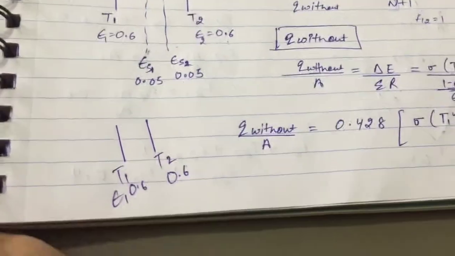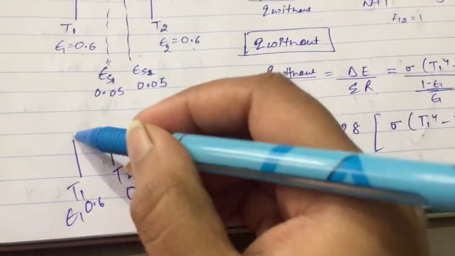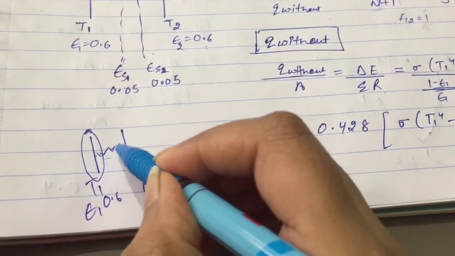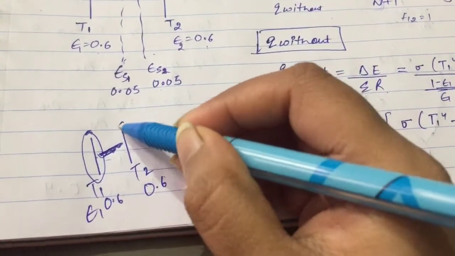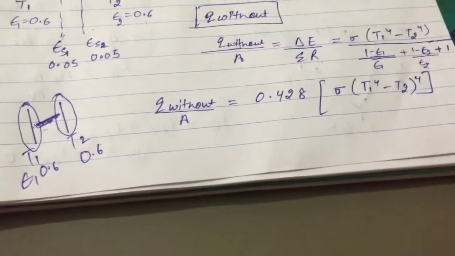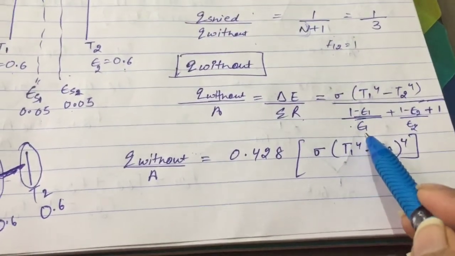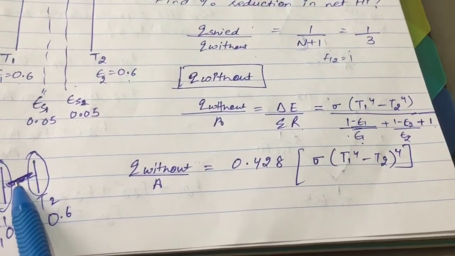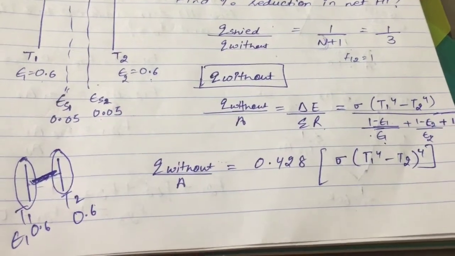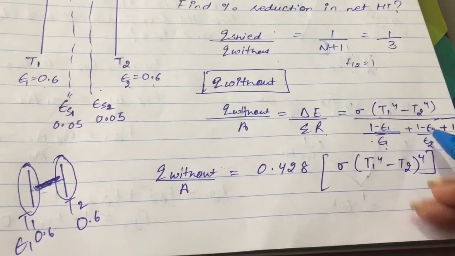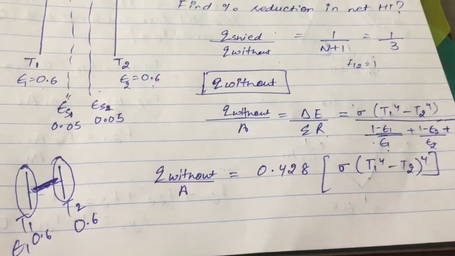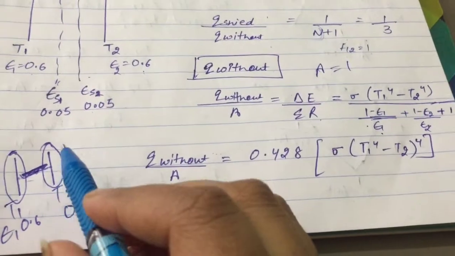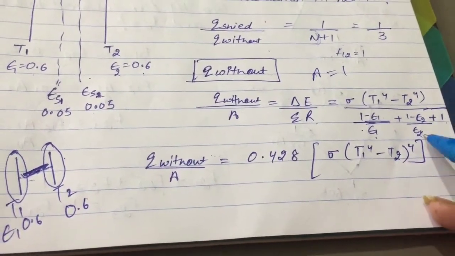In this case, the summation of resistance would be the resistance of surface 1, plus the space resistance between the plates, plus the resistance of plate 2. So it would be (1 minus epsilon 1) by epsilon 1, plus the space resistance, which would be 1 by F12 into area 1. Area is not given, so we are taking area as 1, plus the resistance of the second plate, which is (1 minus epsilon 2) by epsilon 2.